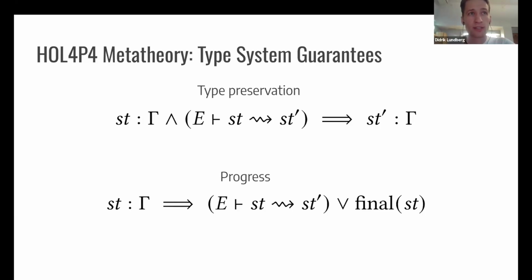The progress property states that if the initial state is well typed, then either there must exist an ST prime, so that ST goes to this ST prime, or ST is indeed a final state.